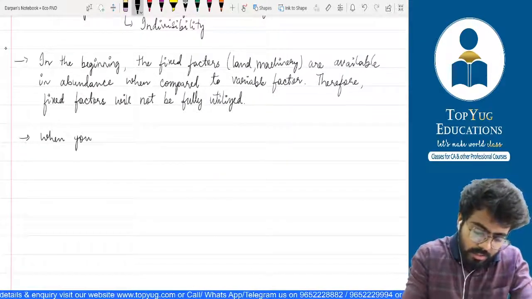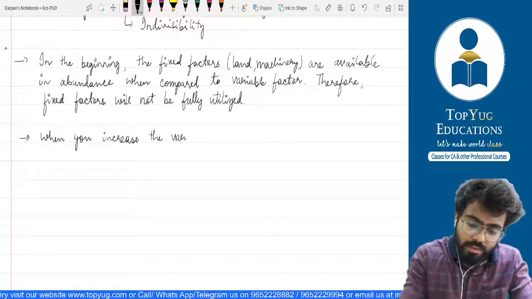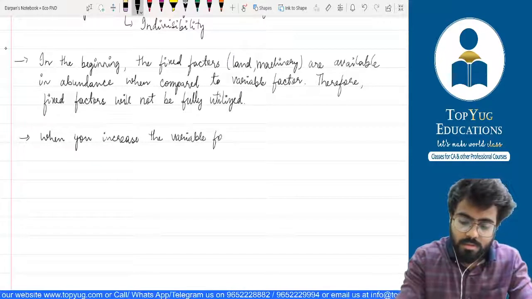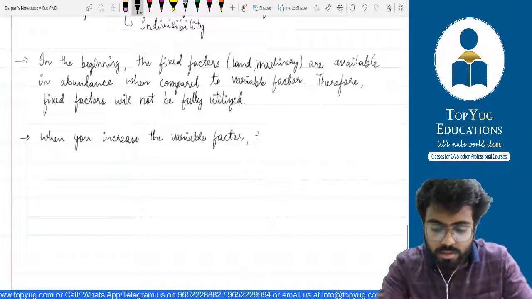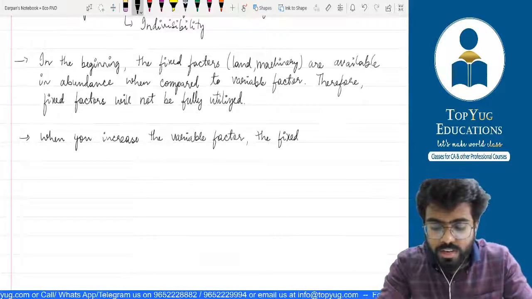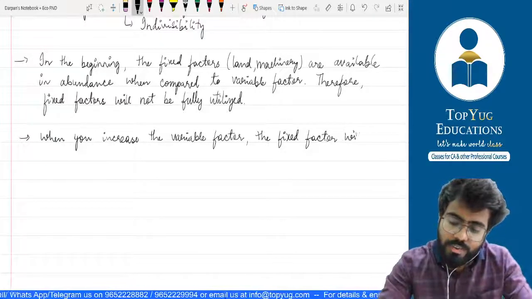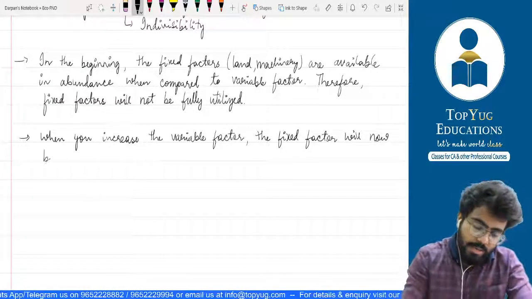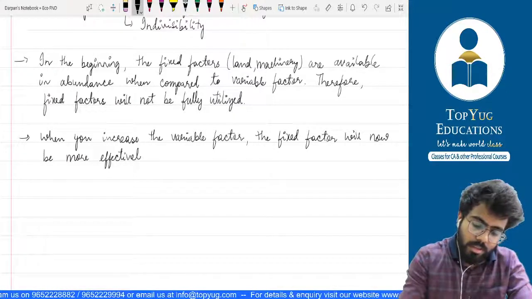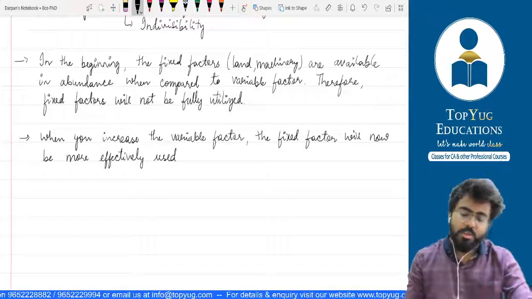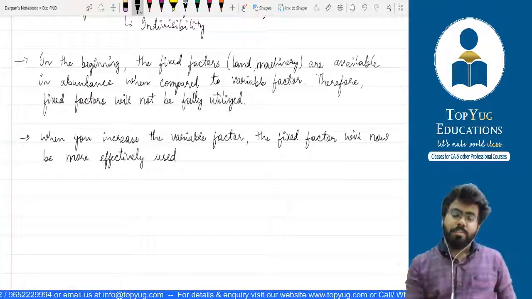When you increase the variable factor, the fixed factor will now be more effectively used. The fixed factor will now be more effectively used, correct?